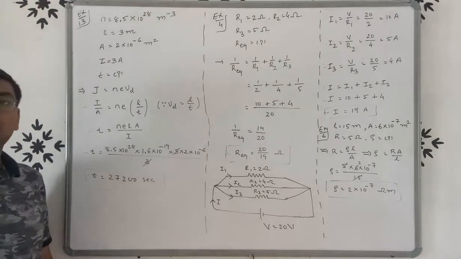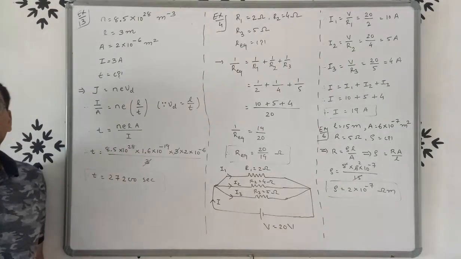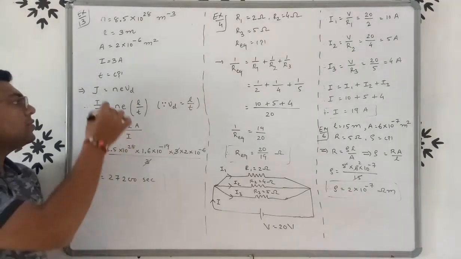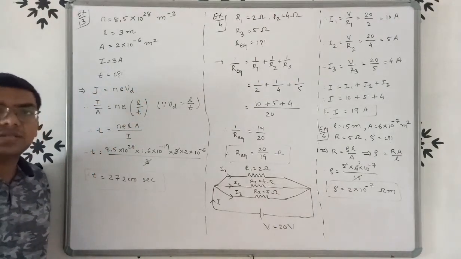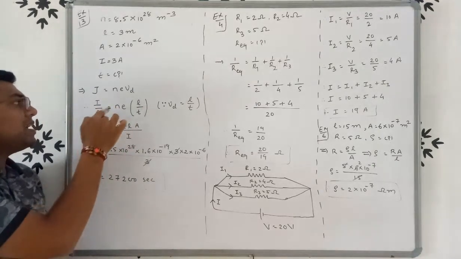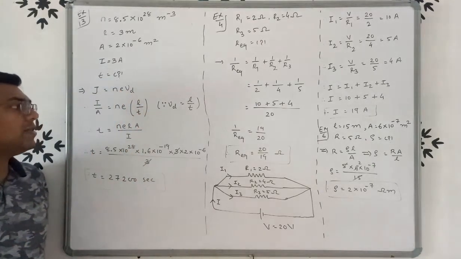So simply here we use the formula of current density, J is equal to nevd. But we know that J is equal to I by A and drift velocity is distance by time. So J is I by A and drift velocity Vd is L by t. So here we have to find out time.